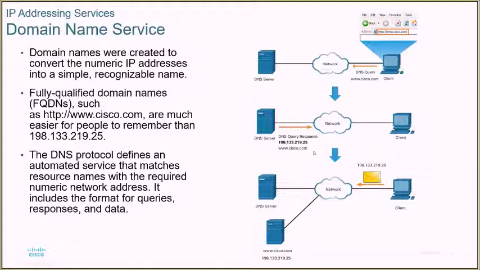From there, the DNS server will ask Cisco, what is the IP address of your host called www? Because it's the leftmost, that is the computer name. So basically, it's computer www on the cisco.com domain that we're looking for.